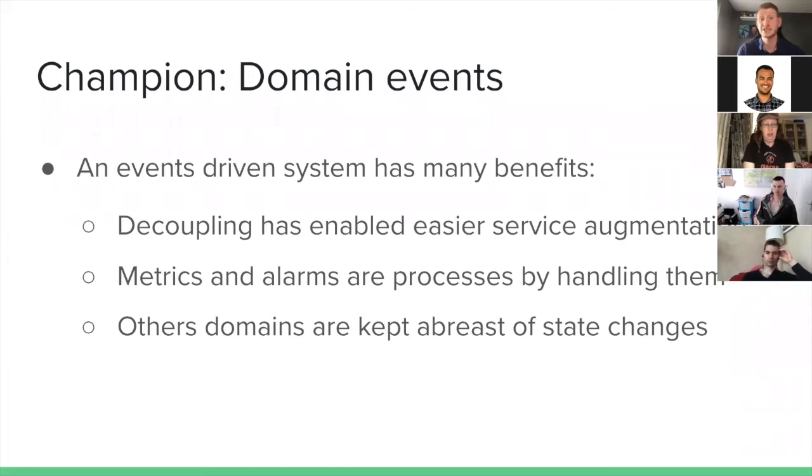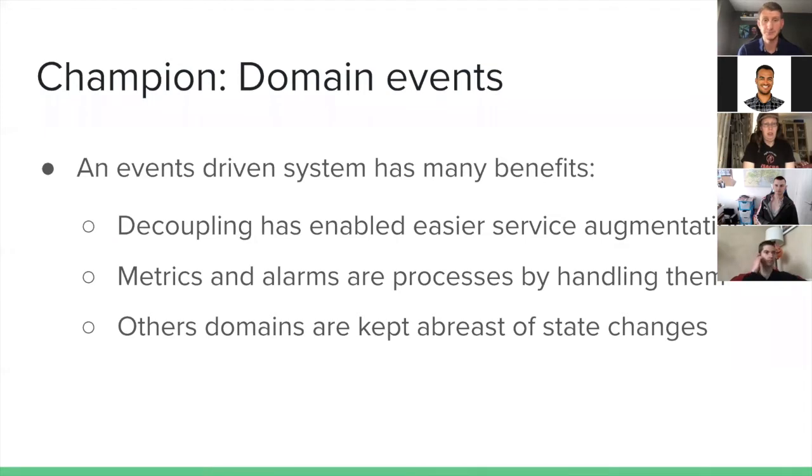When domains have been extended and more bounded contexts have been added or developed, we've found that events that are already being published have allowed services to instantly hook into these major domain actions. Things such as business metrics and critical alarms, things that we're putting more of in now, we're stressing these DevOps things even more now. These can be easily driven from events without any adverse performance impact on the end user.